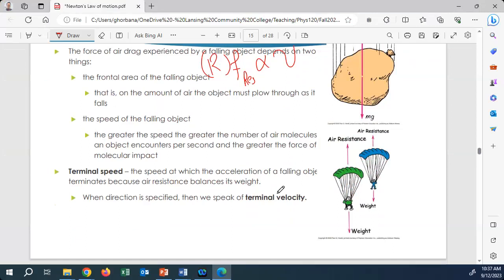And then what happened? As you are moving towards the ground, this becomes small, until the force of gravity becomes equal to the new air resistive force, okay?